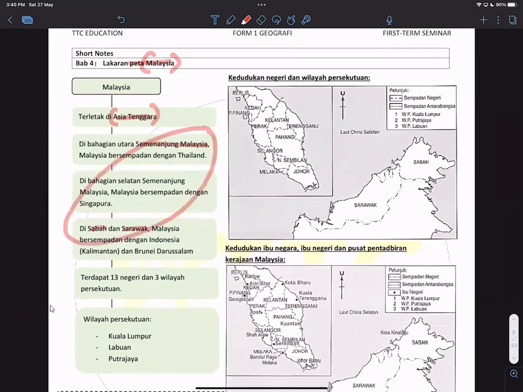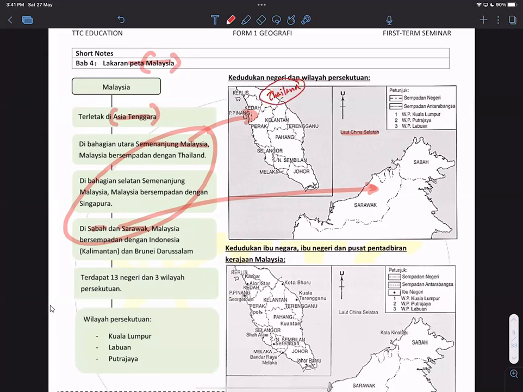Remember, in between, yeah, we have Laut Cina Selatan in between. Okay, in between. So Laut Cina Selatan in between. So this is the Semenanjung Malaysia. This is the Sabah Sarawak. Okay, so remember above Semenanjung Malaysia, this is what we call Thailand.